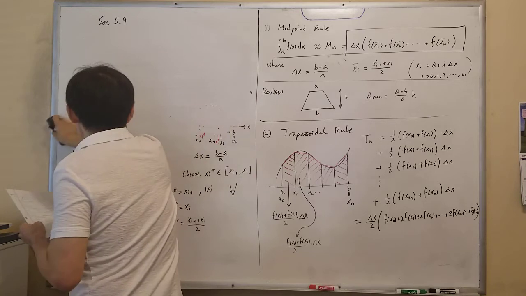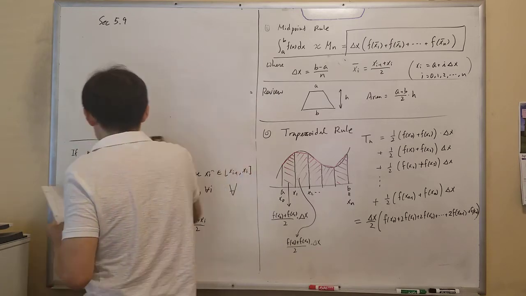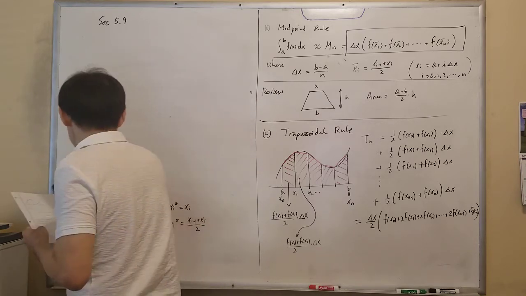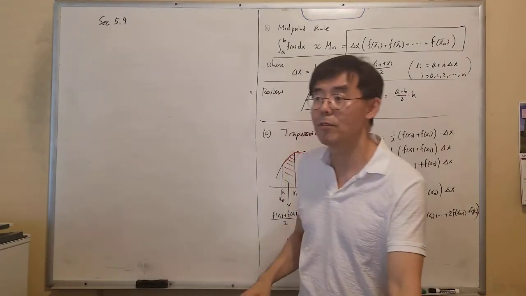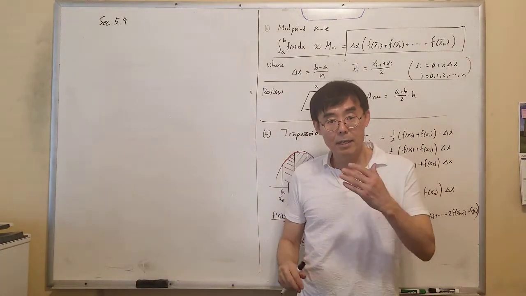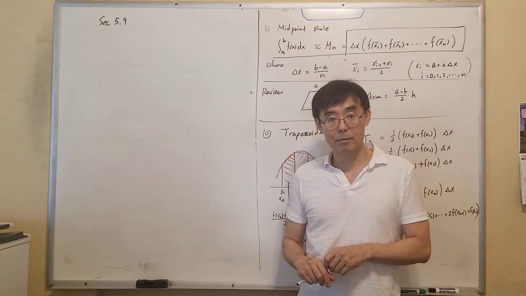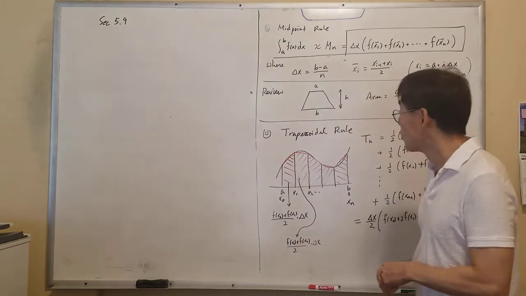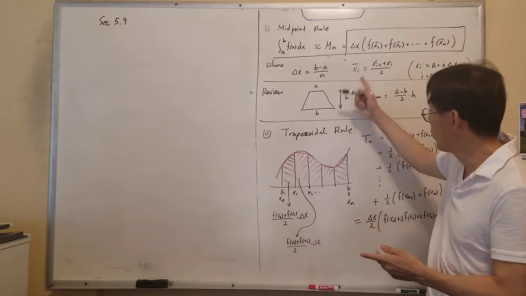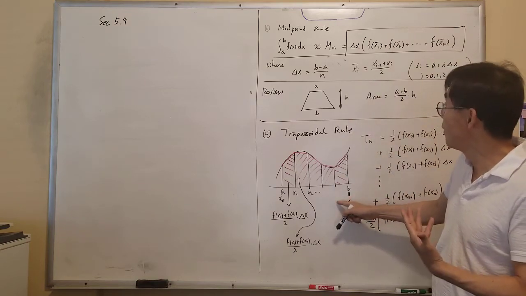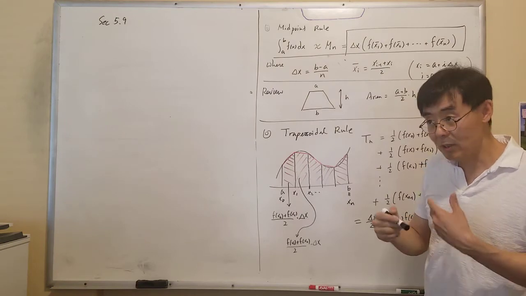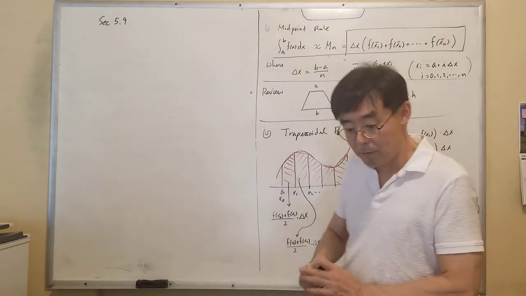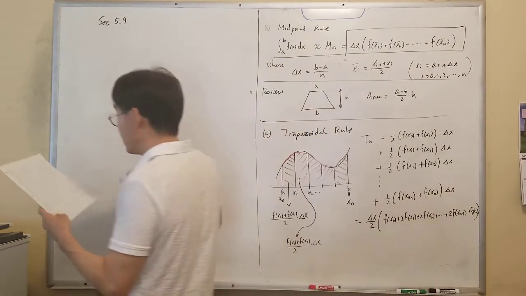Now when we use approximate values for an integral, we want to know how much error is expected in the worst case scenario. All right? So normally for both the midpoint rule and the trapezoid rule, obviously the more divisions, the better the approximation, which means less error. Now, first of all, what is error?